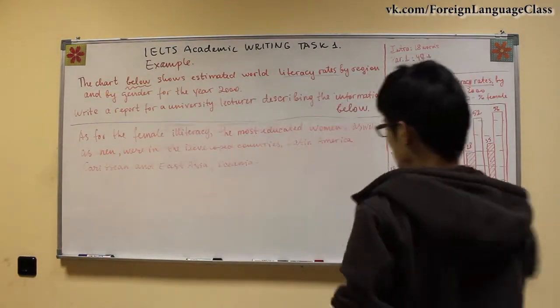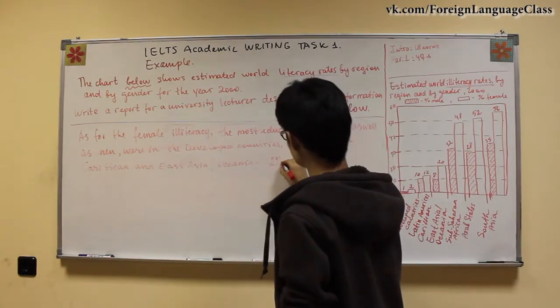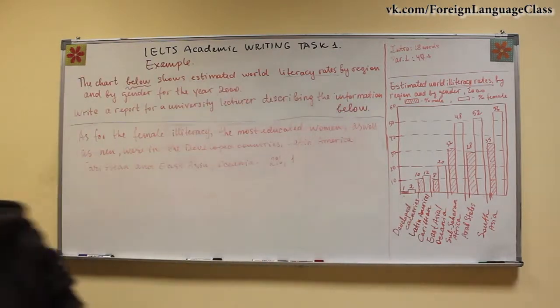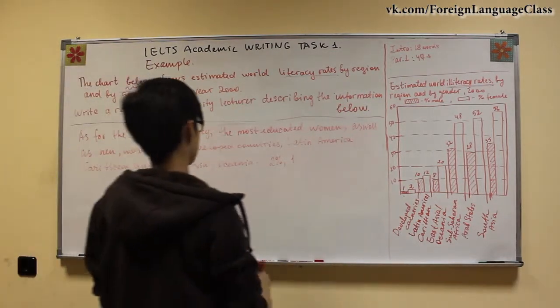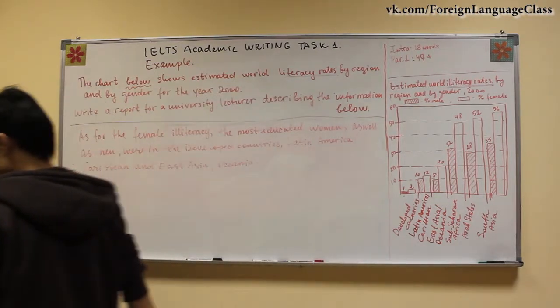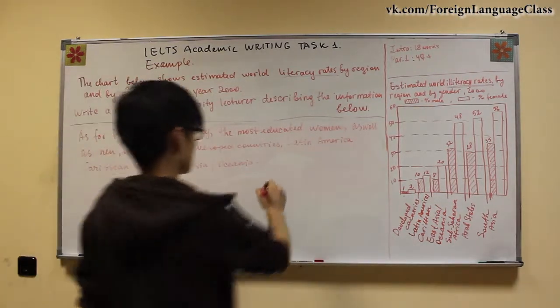2, 12, and 20. 2%. Now, we have just written that the most educated women were in these regions. Now we have to explain what means the most educated.